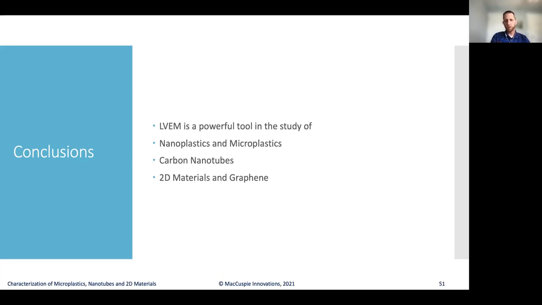It provides critical information about the morphology, the size, the shape, the surface area, and even information about the composition and the structure of these materials. And we've also learned that a lot of the sample preparation techniques are transferable knowledge across the TEM domain.